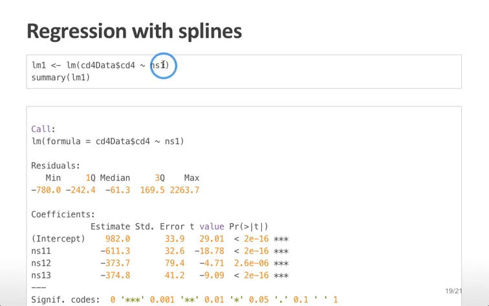So this is actually only one variable that I've included in the right hand side, but that variable has now had three different functions applied to it. What you get out is an estimate of the intercept and then a coefficient for each of the three spline functions. Now, as I mentioned at the beginning of the talk, interpreting these coefficients for these specific spline functions is difficult and is not necessarily recommended.